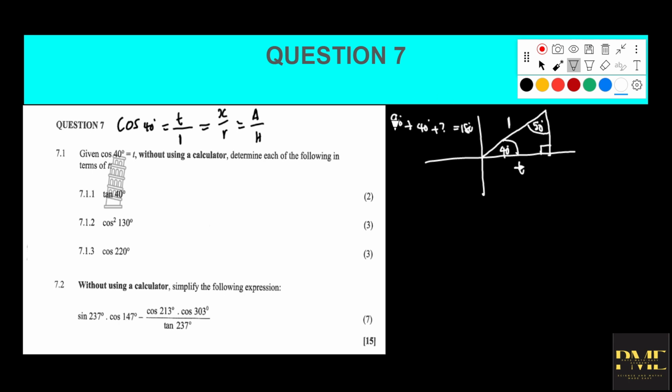Then transpose all of those to the other side, and your unknown angle will be equal to 180 minus 90 minus 40. So therefore, subtracting all of this, you will get your unknown angle being equal to 50 degrees.